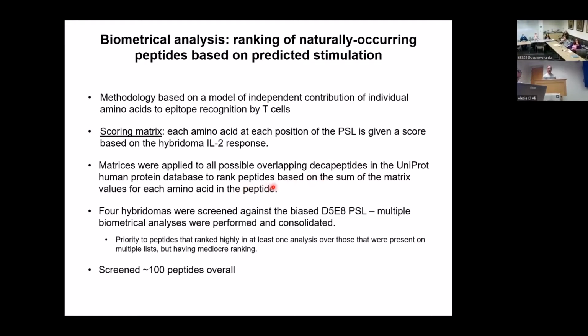It ranks those peptides based on their predicted ability to stimulate the hybridomas, and we choose some number of them to screen. In this case, we looked at over 100 different peptides.